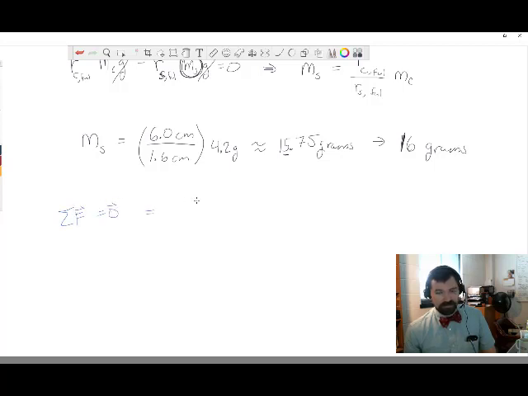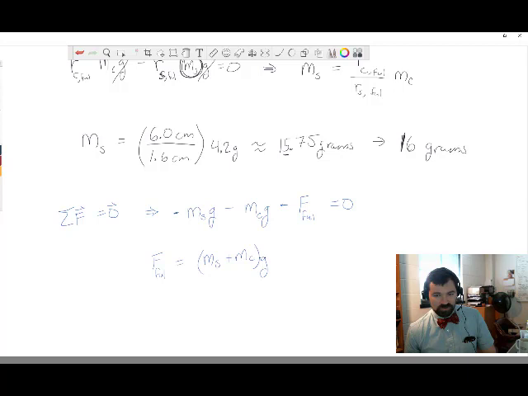That means your mass of the stick times g, which is downward, so we'll put a negative sign, plus your mass of the calibration weight times g, which is also down, so again negative sign, plus the force from the fulcrum, add to 0. So the force from the fulcrum must be the sum of these two masses, mass of stick plus mass of calibration weight, times g. If we want this in newtons, then these need to be in kilograms.